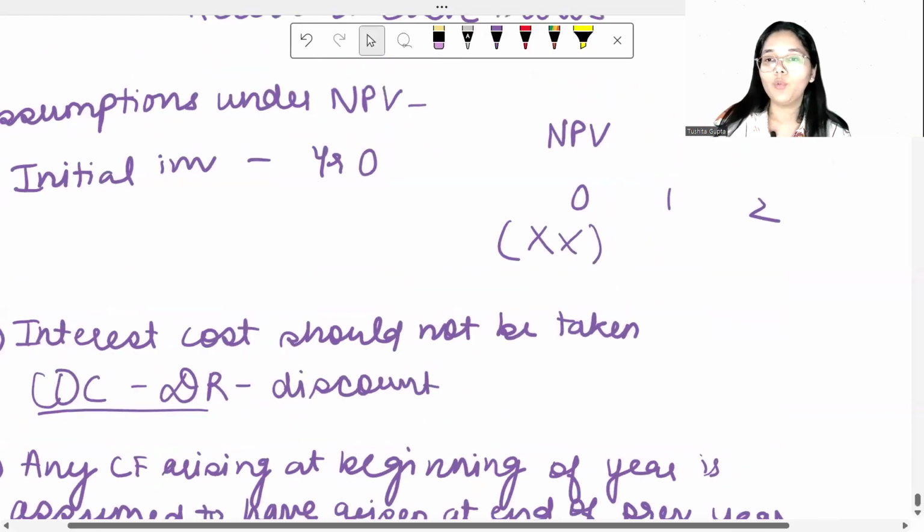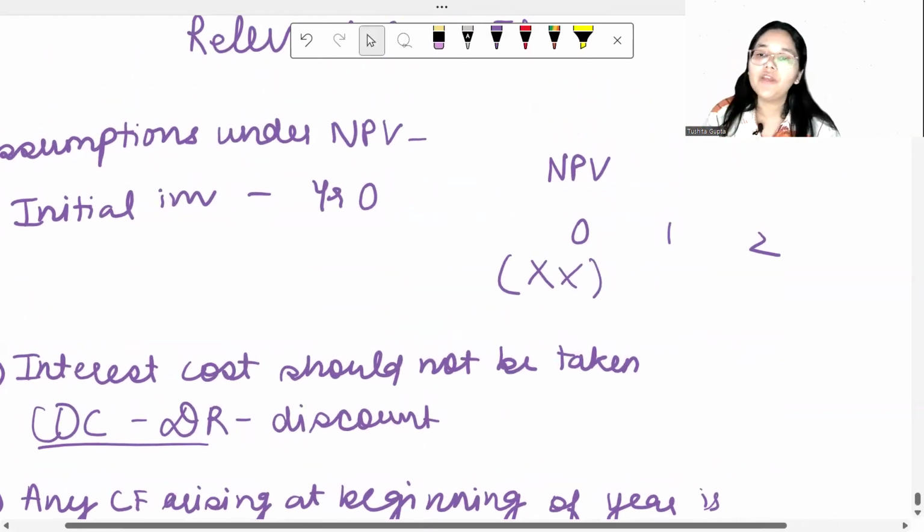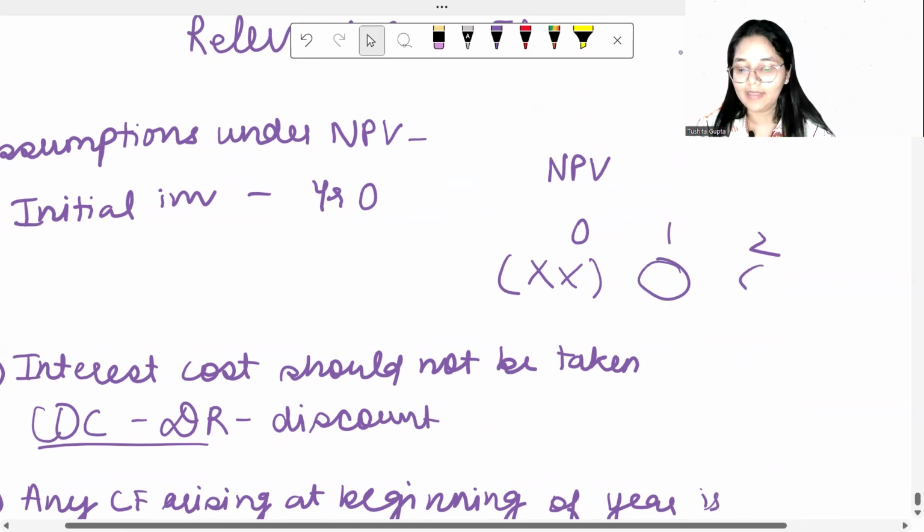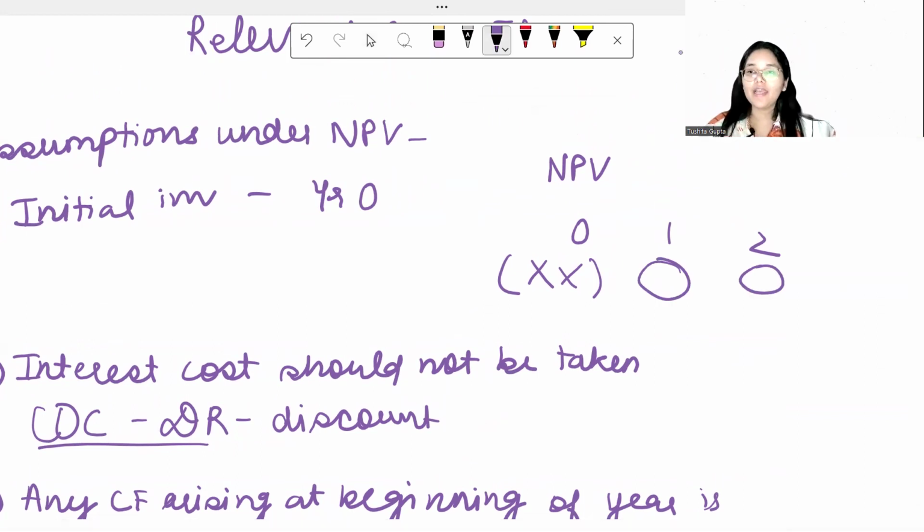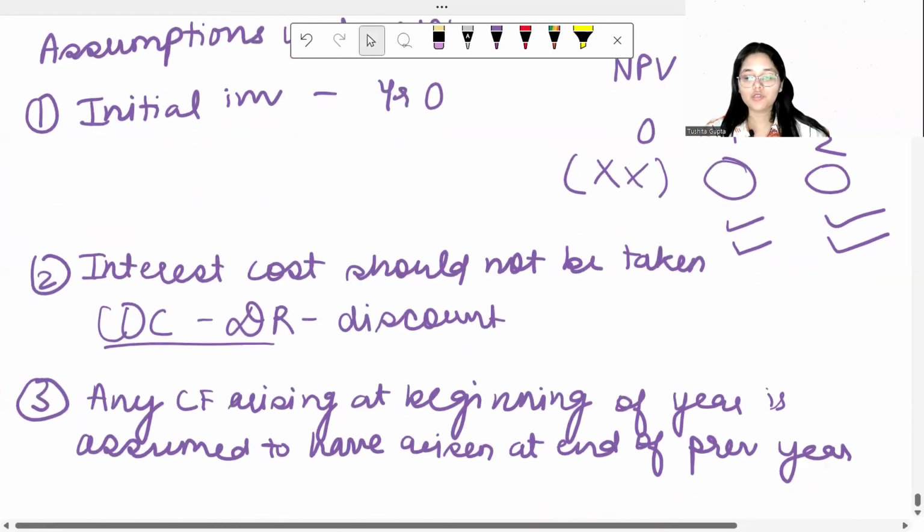Whenever you're working out any NPV calculation, the figure that you put at year 1 and at year 2 signifies a cash flow which has happened at the end of year 1, so you put it over here, and at the end of year 2, so you put it over here. But what if something has happened at the beginning of the second year? Where do you put it? You cannot put it here because this signifies end of year 2. You want it to be posted at the beginning of year 2. So the closest thing that you can do is to put it at the end of year 1. End of year 1 essentially means the starting of the next year. So this is what the third assumption talks about.